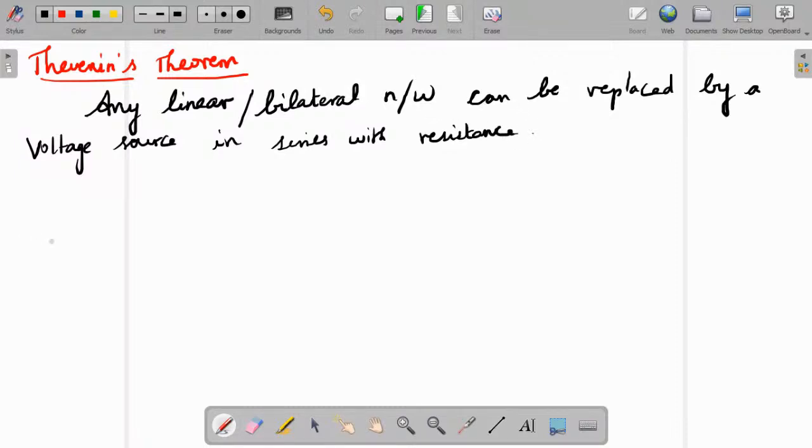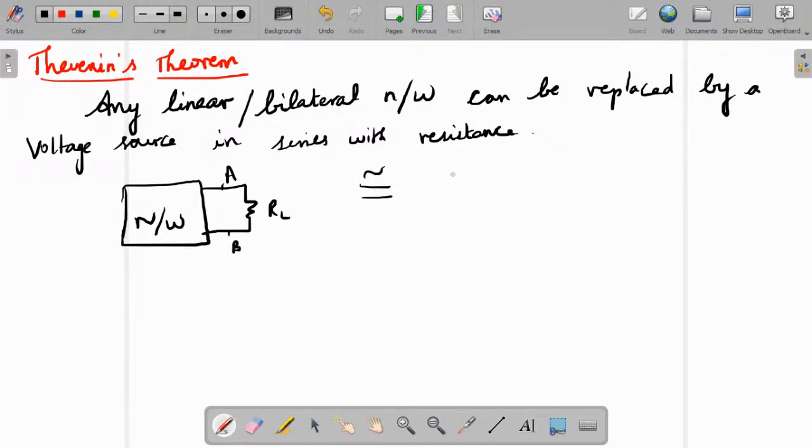So if I have a network, any linear bilateral network, and I have a load resistor RL, and let these be the AB terminals, this can now be converted to a voltage source in series with a resistance.